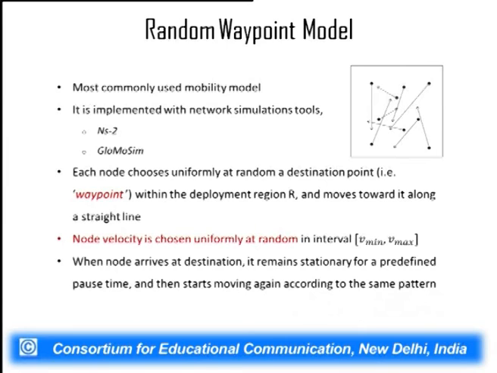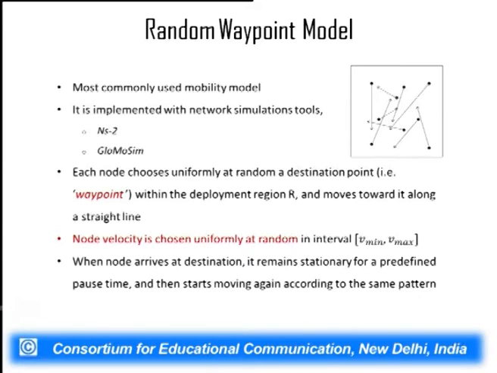The random waypoint model. So here, as just told, a node first selects a random destination, that is a waypoint, within the deployment region. Say the region is R, and once the destination is fixed, the destination point can be anywhere. It can be near, it can be far, it can be at the border, or it can be at the core, it can be anywhere.